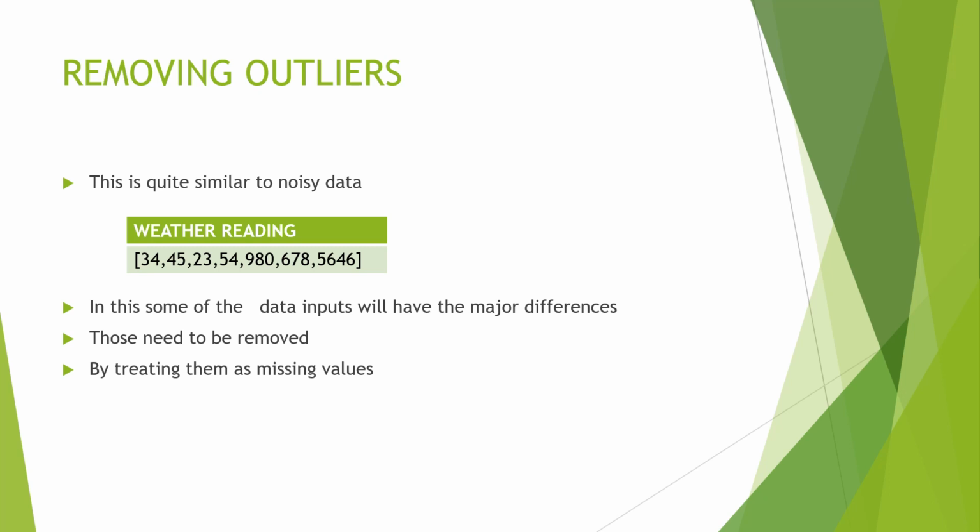Generally we will have weather readings of 34 degrees, 45 degrees, 23, 54, etc. But in our data set we have 980, 670 and 5000 and so on. In a real-time scenario we will never get values like 500 or 600 for temperature.